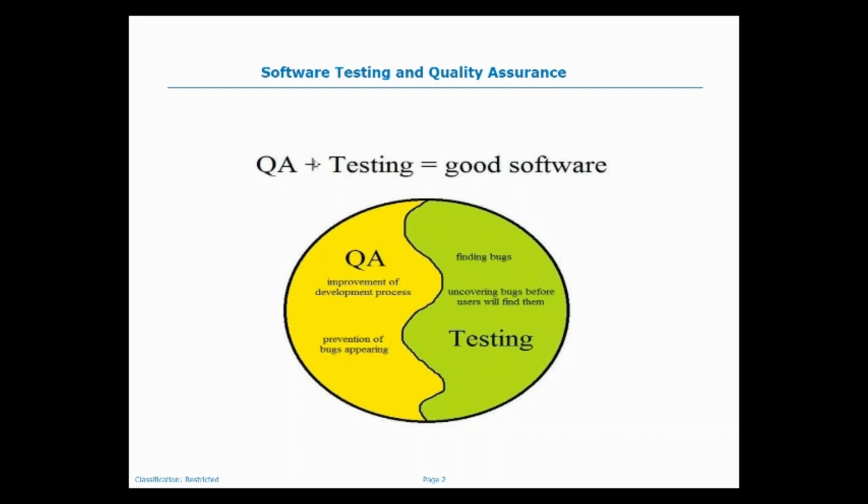And then the QA testing, which is another major thing, combined. If you do these two things very rigidly, you will get a very good software, a bug free software. Okay, so these are the two main activities which need to be given their due importance. Okay, so is it clear what is QA and what is testing?